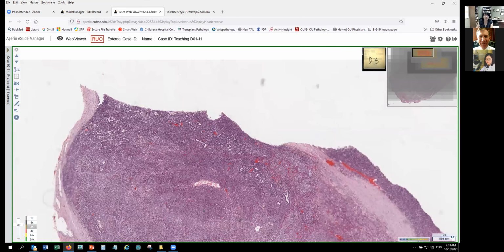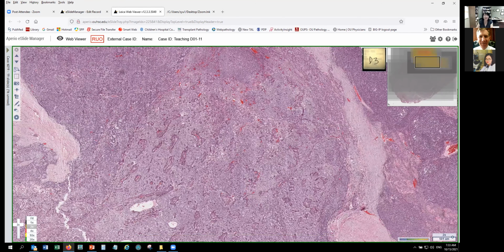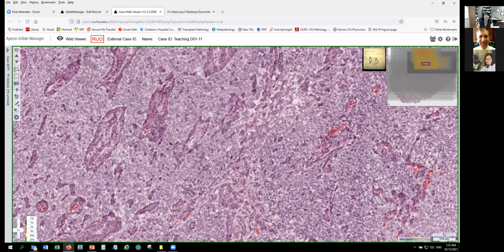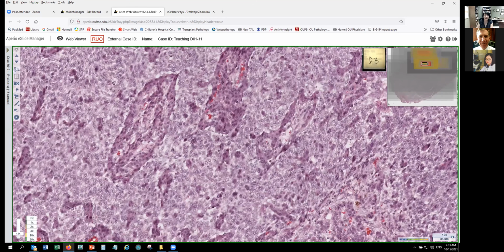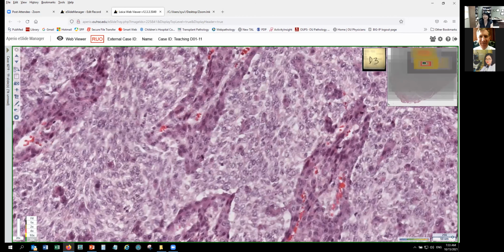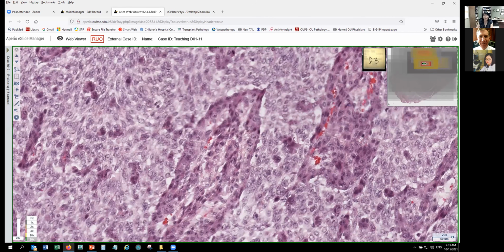Most important, I want to show you this slide. At low power here, you can see some tumor foci, and in between the tumor there's a paler area. You want to look at what the morphology of the paler areas looks like. Those cells are basically undifferentiated, small round blue cells. We call those small cell undifferentiated type.